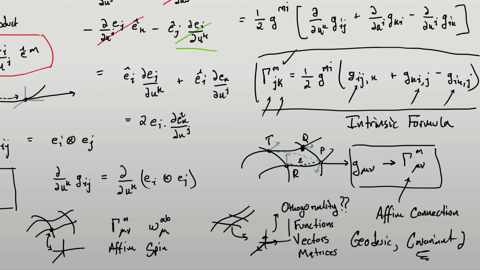So we could set up systems in which the basis could be functions, and that's functional analysis. Vectors, that's vector calculus. Or matrices, and that's abstract algebra, Lie spaces and stuff like that.